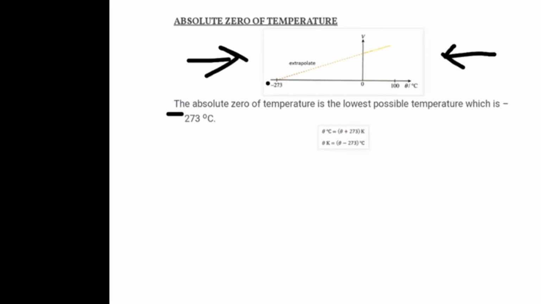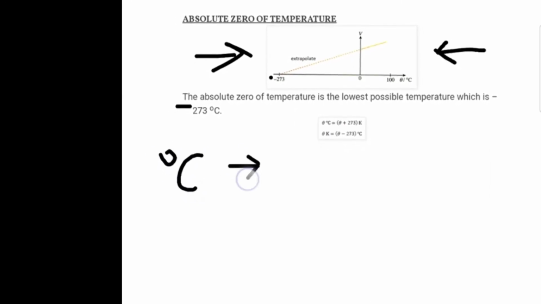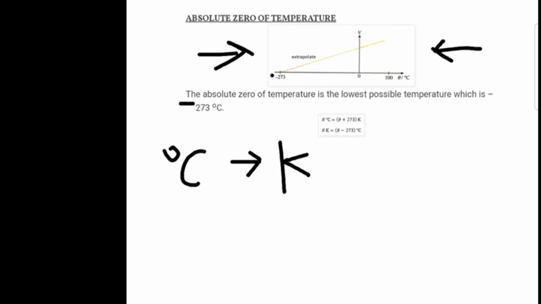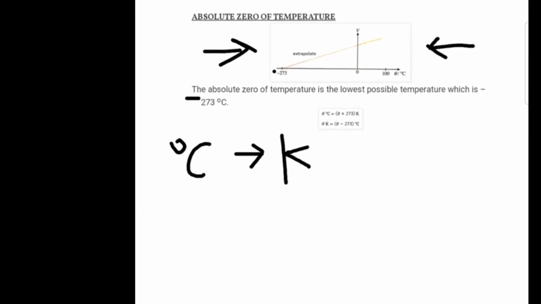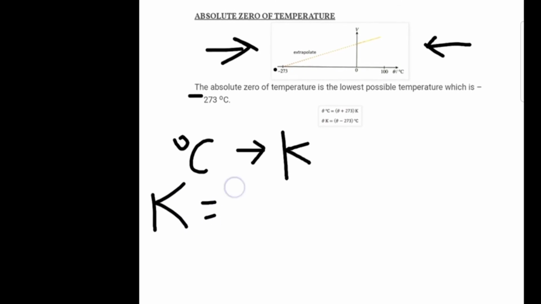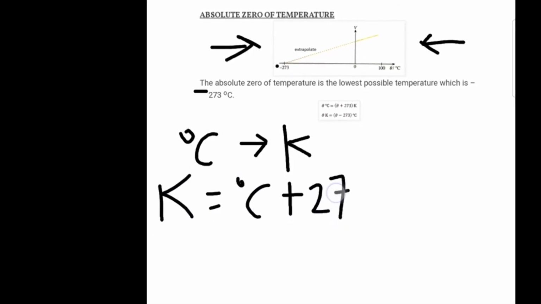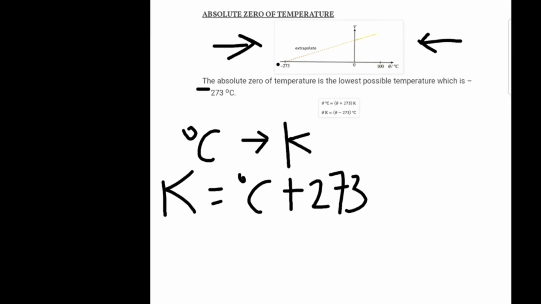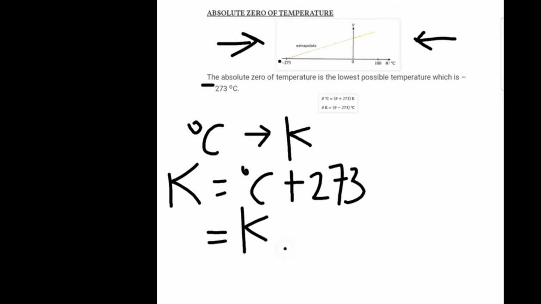To convert degrees Celsius to Kelvin, just add 273. So you get the temperature in Kelvin.